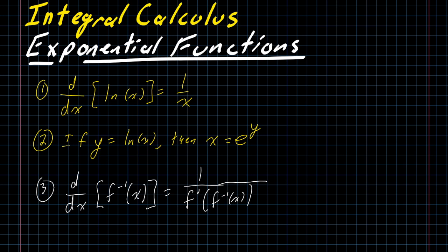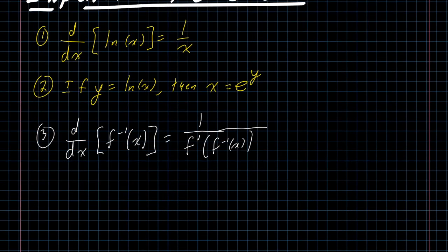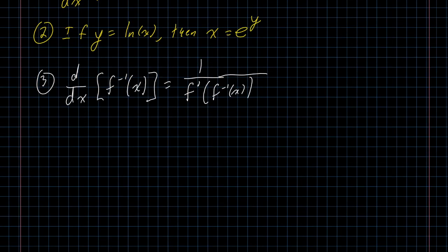All right. So combining all of this together, we can establish pretty readily that the derivative of the exponential function e to the x is going to be 1 over the derivative of the inverse function.